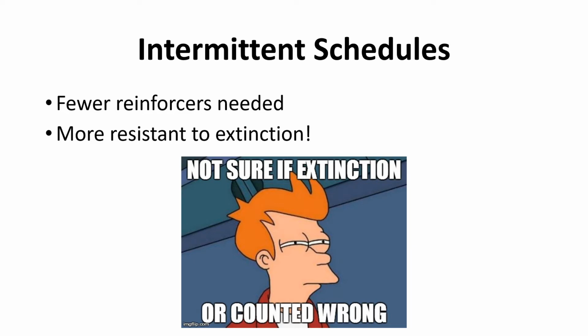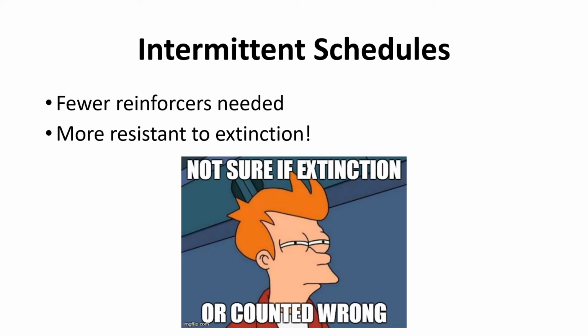In contrast, with our intermittent schedules, you are more resistant to extinction because you're used to not getting reinforcement every single time. So even if we stop reinforcing a particular behavior, we've introduced some uncertainty where the animal thinks that they should be getting a reinforcer, but in the past they haven't always gotten one, so maybe they just haven't been keeping track.